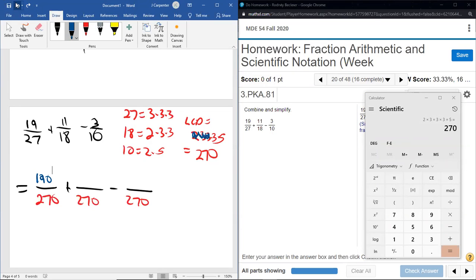So that would leave us with 3 times 5, which is 15. So we're going to take 15 times 11, which is 165. If you don't trust me, 270 divided by 18 is the 15, and you get 165.